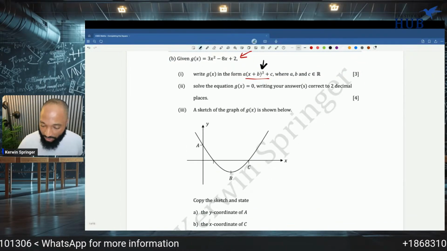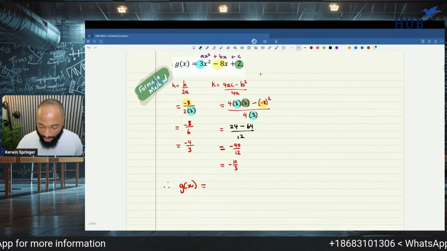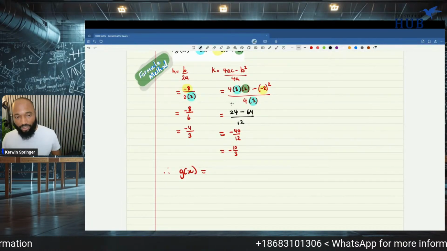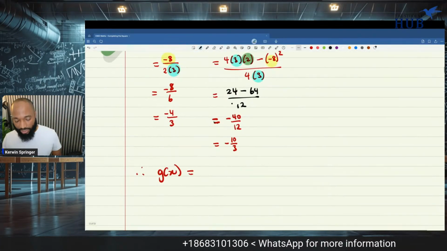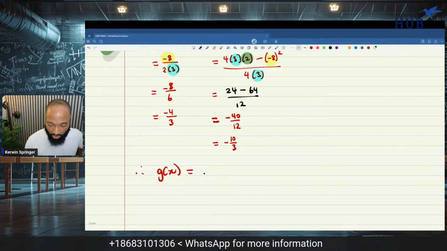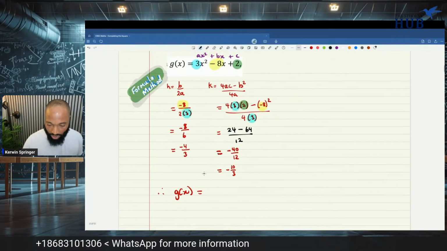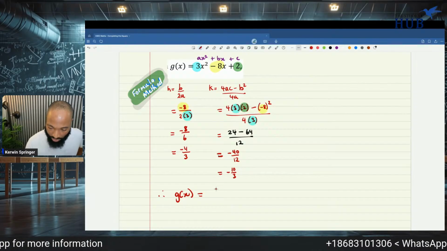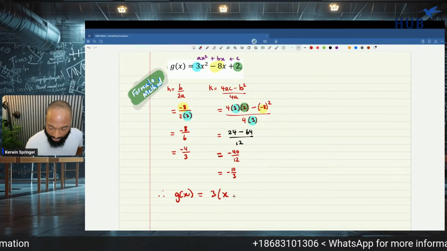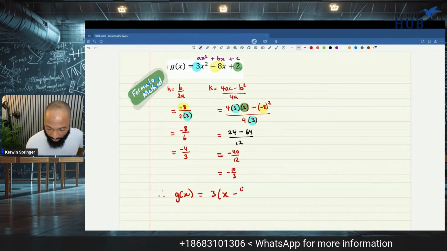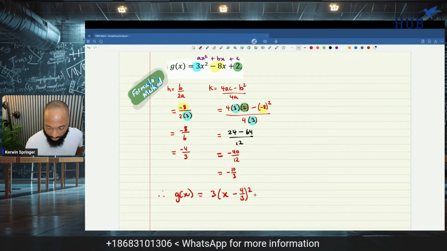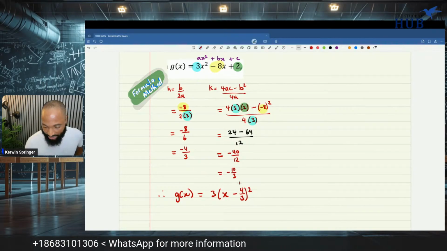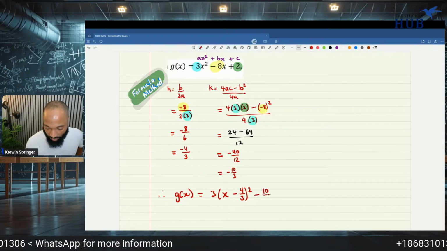So write G of X in the format here. For your sake, I'm just going to use H and K. G of X is equal to 3 times (X plus 4 over 3) squared, plus K, but K is negative 10 over 3, so I'll just put minus 10 over 3.